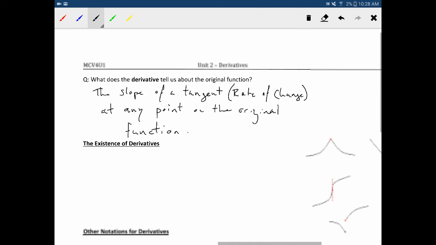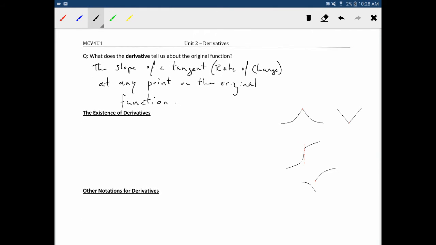All right, so that's what the derivative is then telling us. So we're going to discuss the existence of derivatives. For any given function, you can't necessarily find the derivative at all given points.